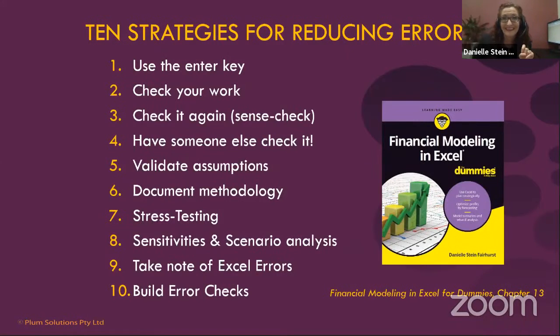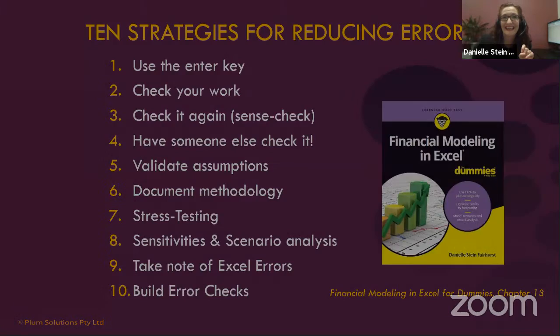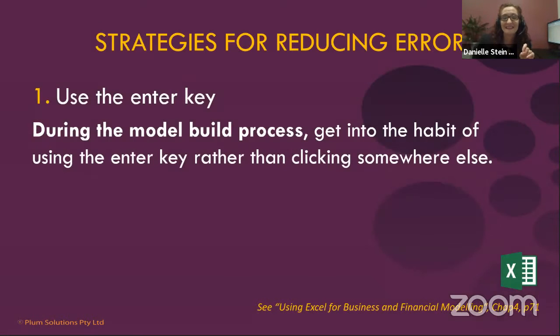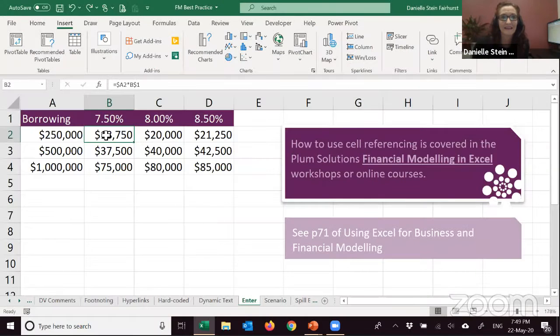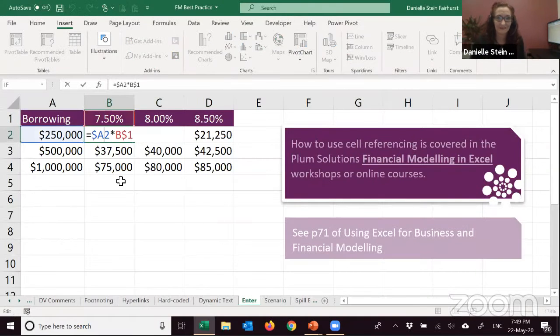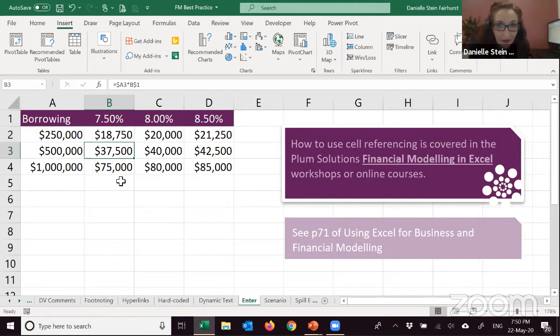The first one is to use the enter key. To my mind, using the enter key is the first line of defense against errors in financial models. So let me show you what I mean. If I go back to this example in Excel, what I find here is if I create a formula that looks like that, and then I hit the enter key and look at it, I ask, does that number look right?